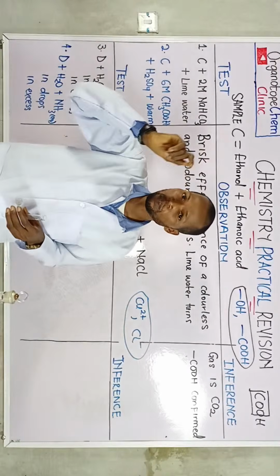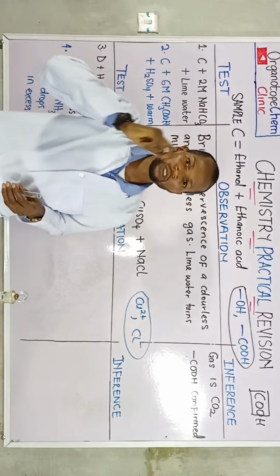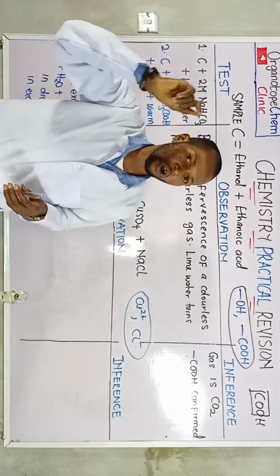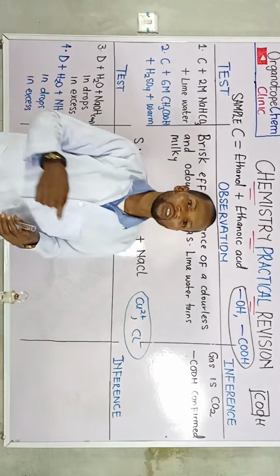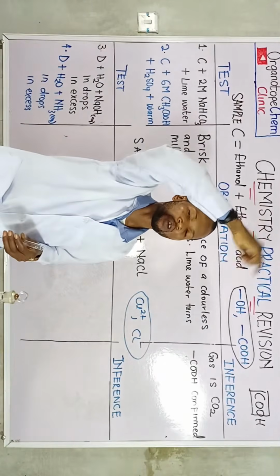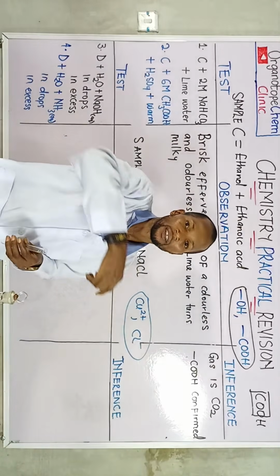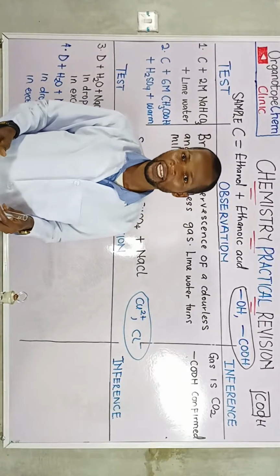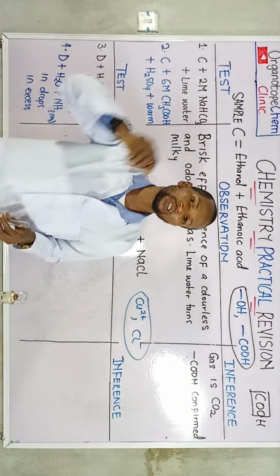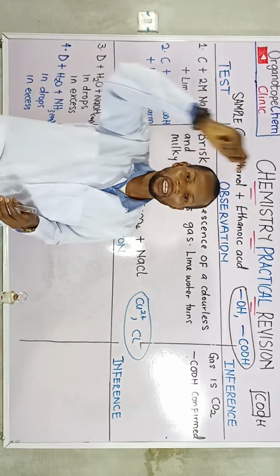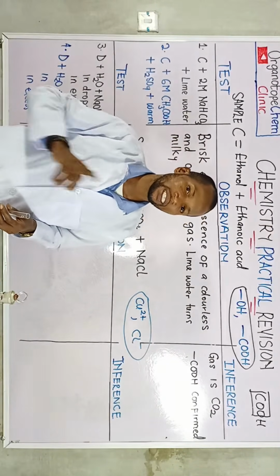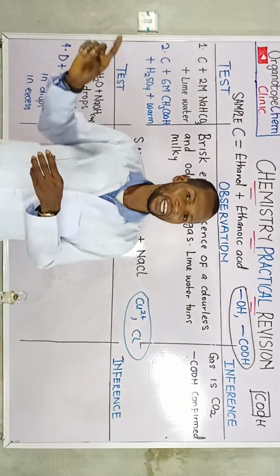But in the reagents provided, H2SO4 was not actually stated for qualitative analysis. But your lab instructor can pick the H2SO4 that we use to acidify in quantitative analysis and make use of it in qualitative analysis. Are you getting me? The acid provided for qualitative analysis is hydrochloric acid.